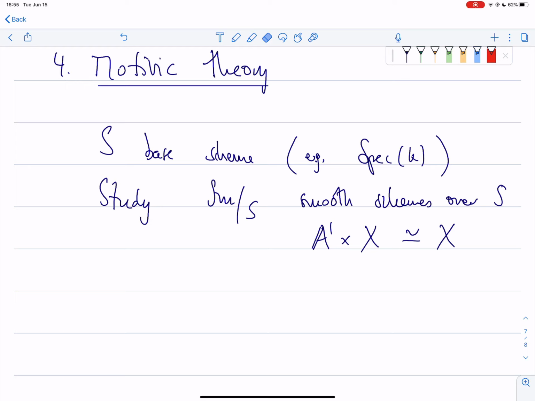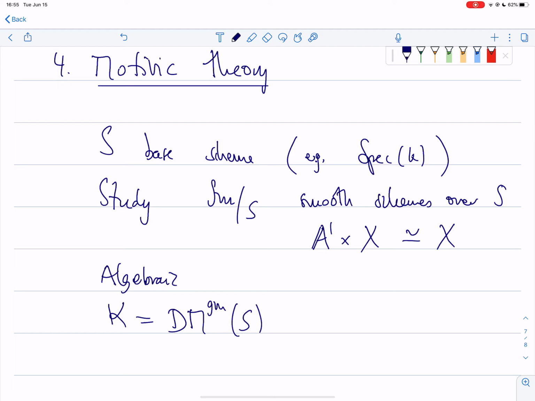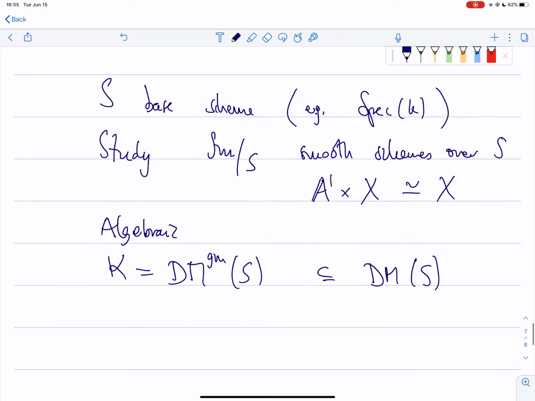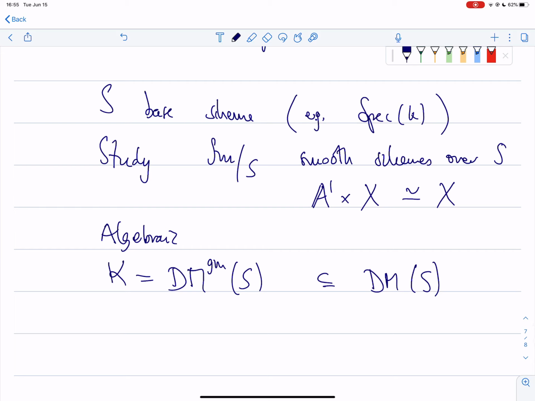Well, it's a bit complicated, but there is an algebraic theory and a topological theory. In the algebraic one, it's called the derived category of motives. There's a little DM_gm for geometric, which is the compact part of the big DM of S. Here I might have to throw in some characteristic assumptions to be safe.